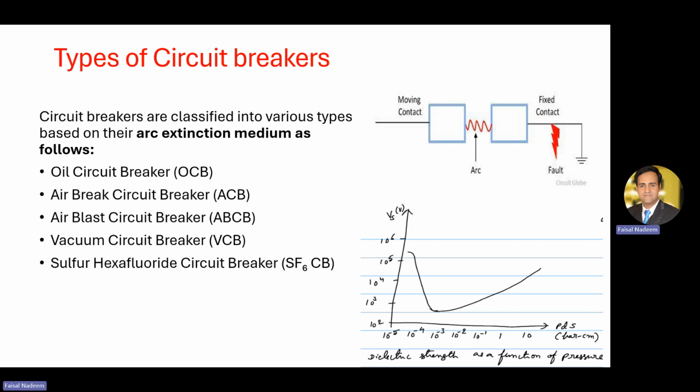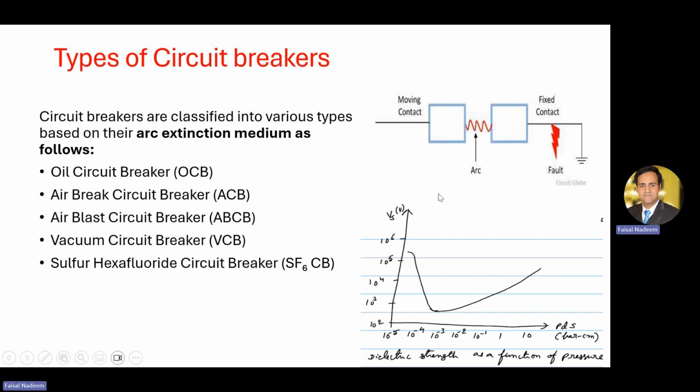To stop this phenomena, we can use different arc quenching mediums. And the properties of these mediums should be what? They should be non-inflammable, to avoid any fire inside or outside the circuit breaker.